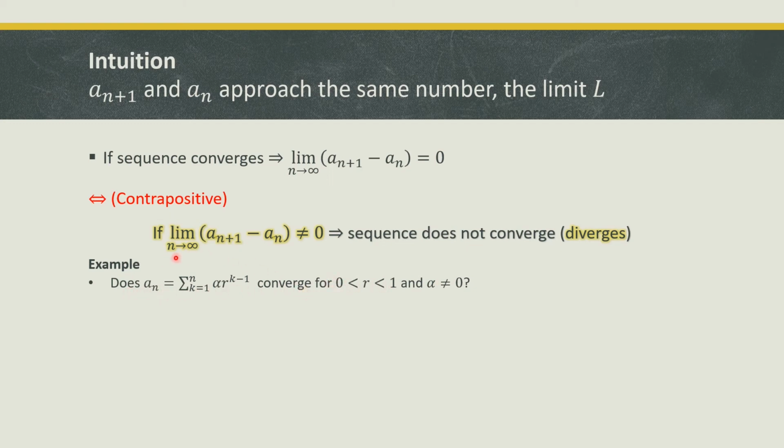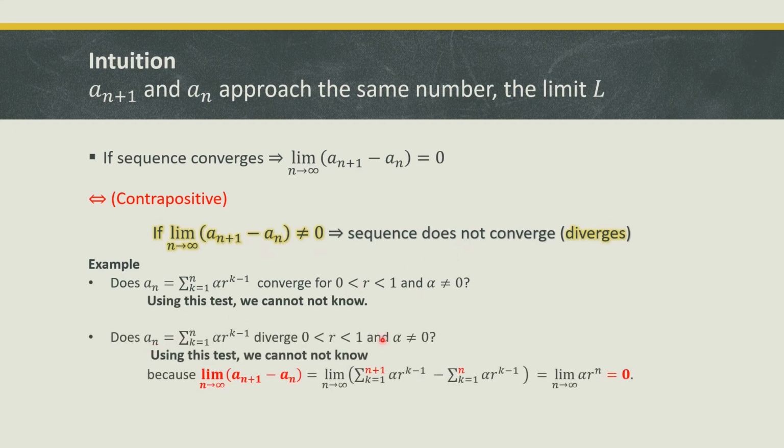And just by using this test, again, we cannot know directly. We have to ask the other question. Does it diverge? And again, let's try to compute that difference. We do this difference here. We're left with this.